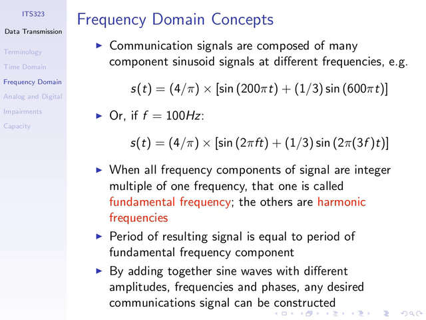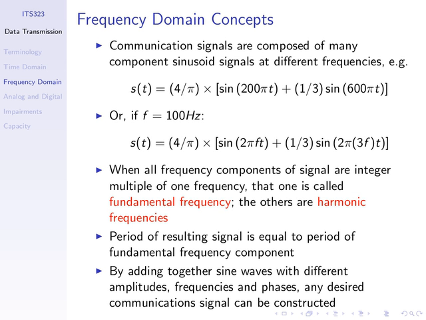When we combine them together, just adding those, this component has a frequency of 100 Hertz. This component has a frequency of 3 times 100. In that case, the resulting signal, when we add them together, let's write it down.